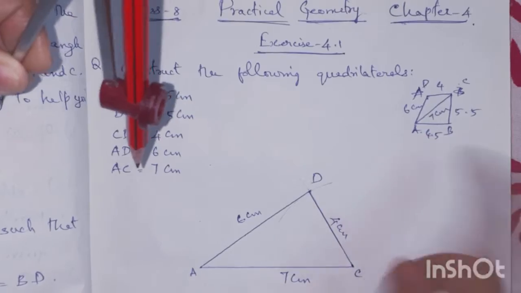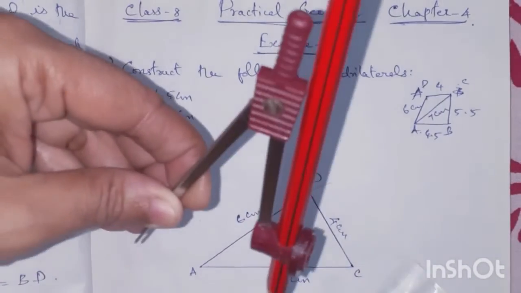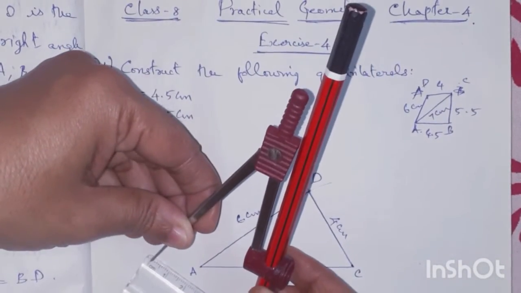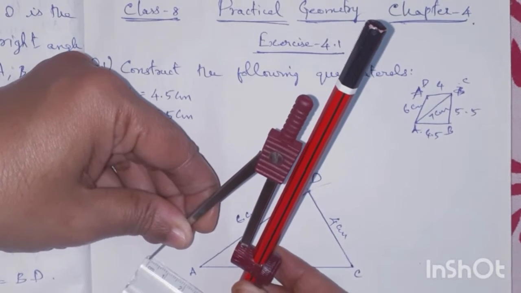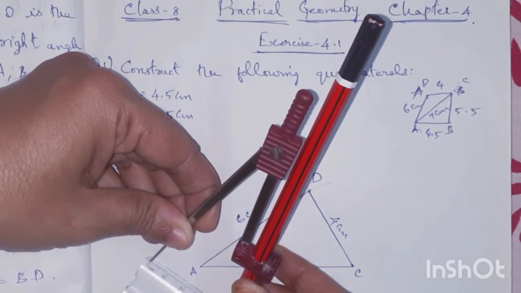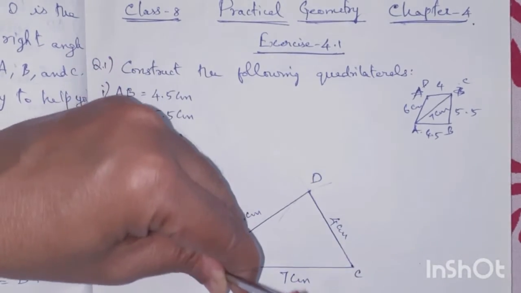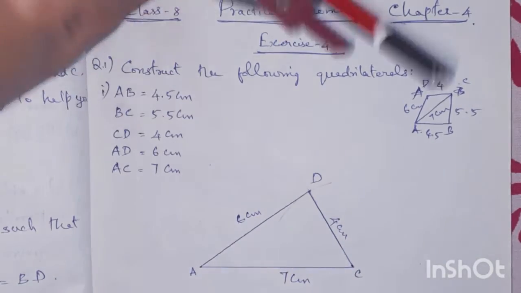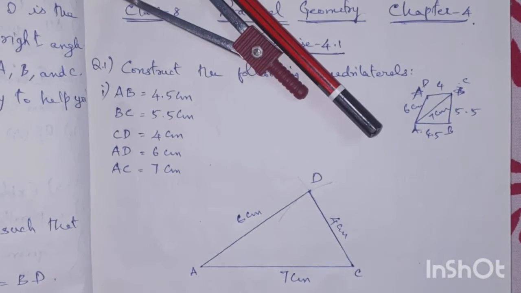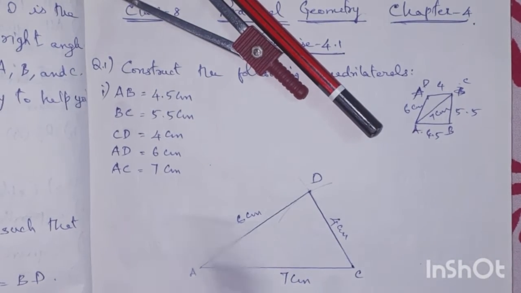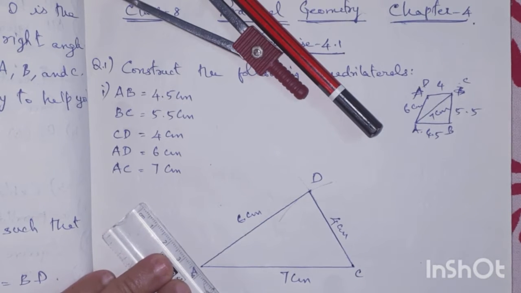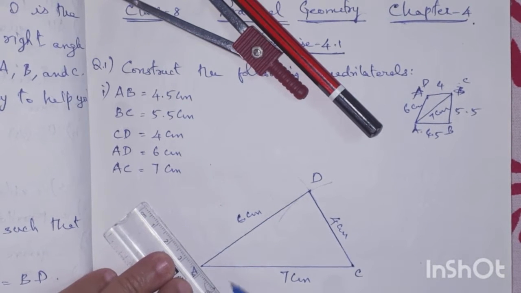AB is 4.5. From A we can draw another arc. That point is B. So we can join AB and CB.